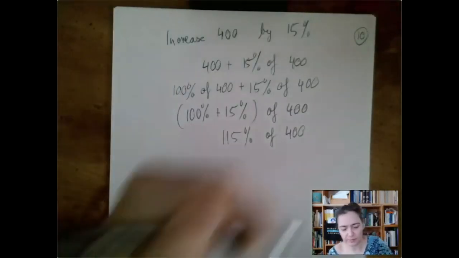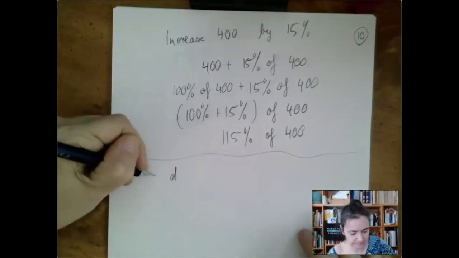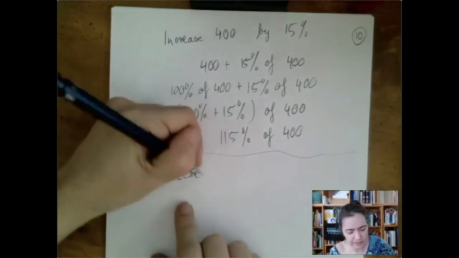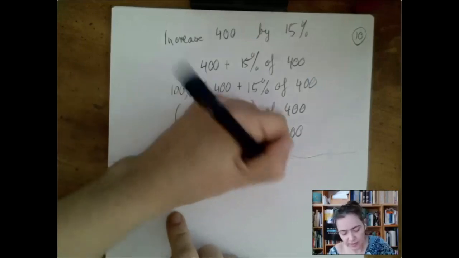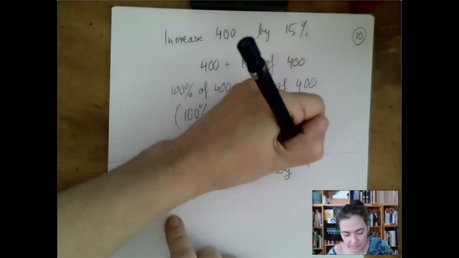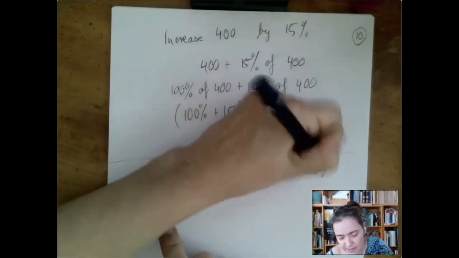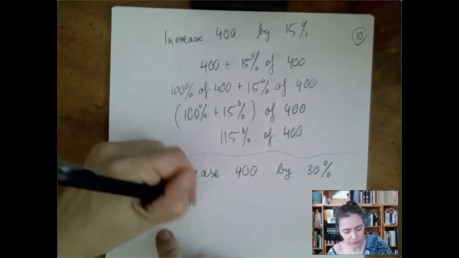So for example, let's decrease. This is not type 3, I'm just numbering them. I shouldn't even do it. Decrease 400 by 30%. Compute.